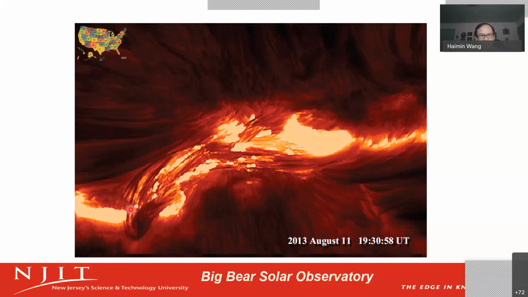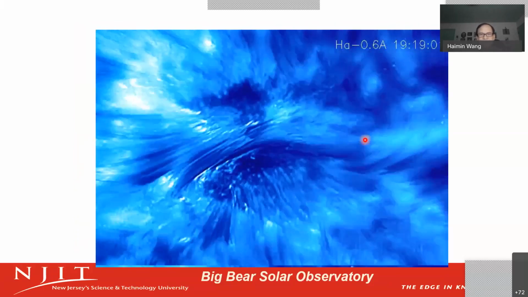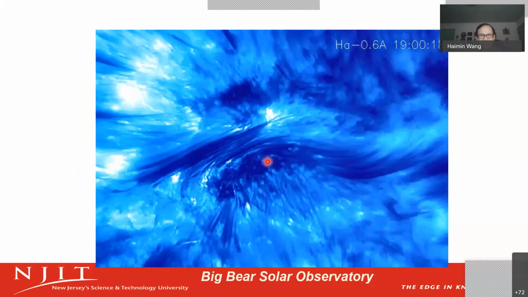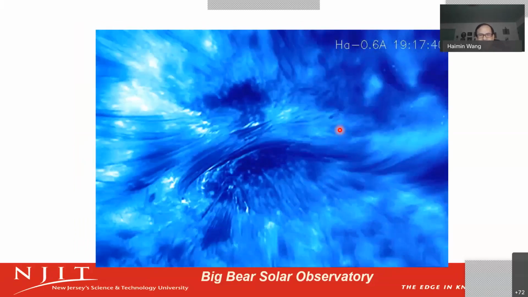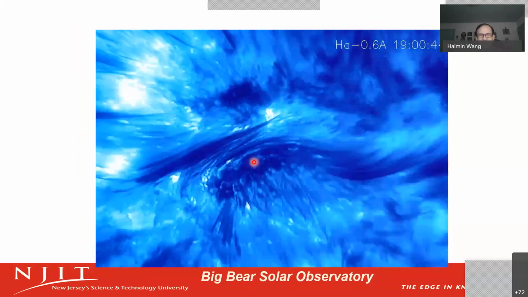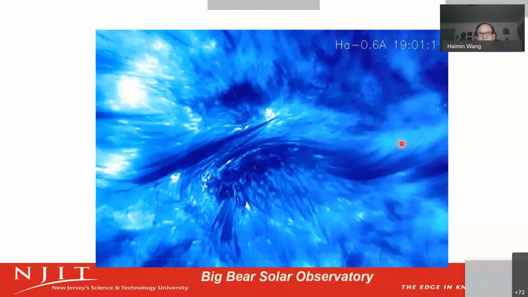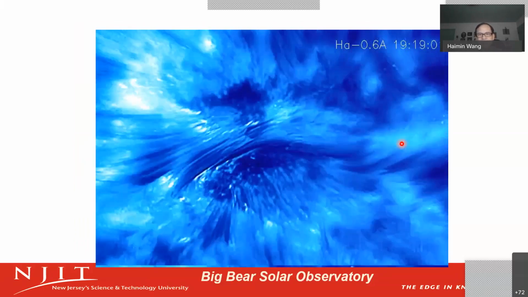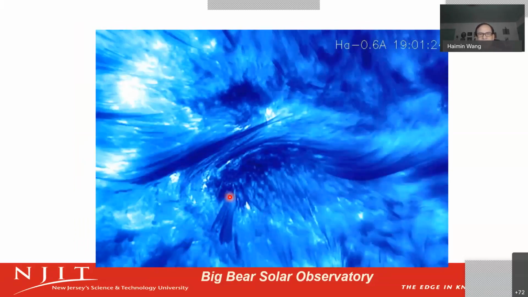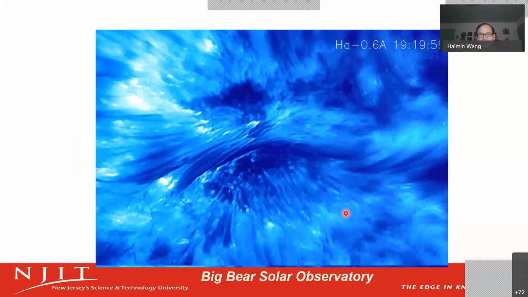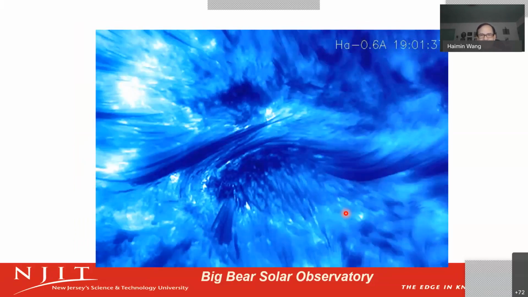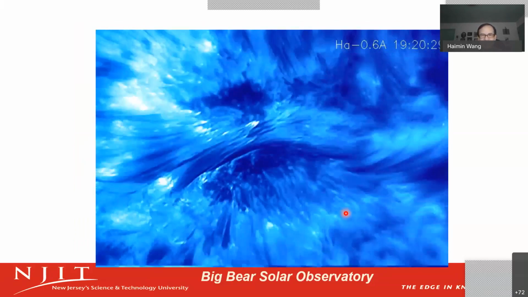You can see individual threads in the fiber structure. And if you run it as a movie, you can see the eruptive process very clearly, how the twisted flux loop is coming out from the Sun, and also those twisted loops consist of a lot of threads. They have the fine structure.